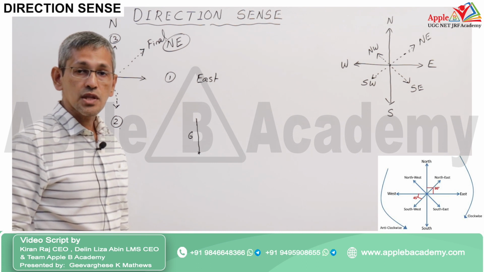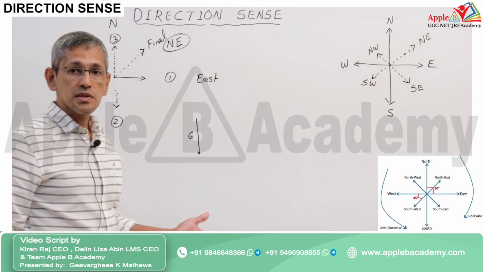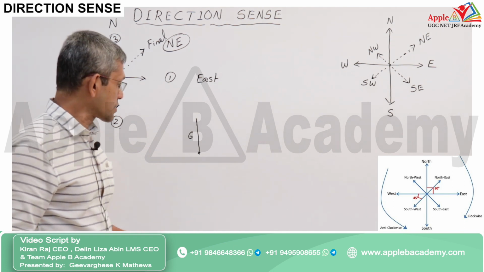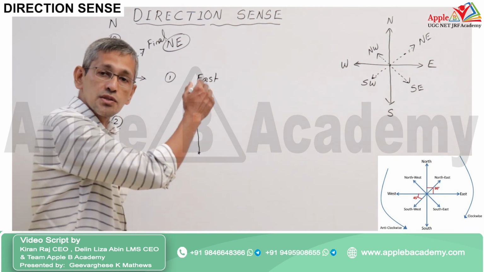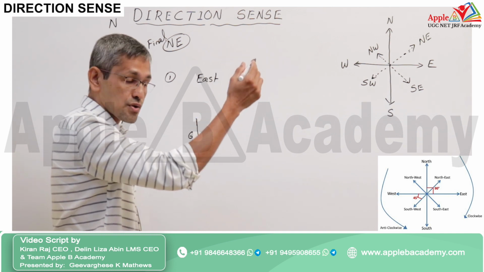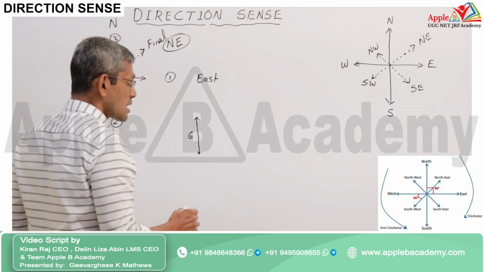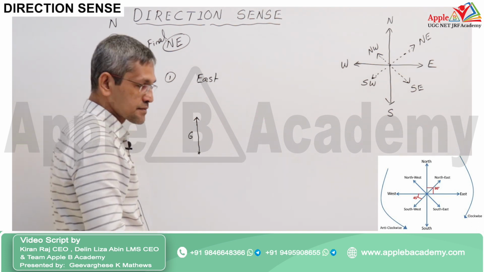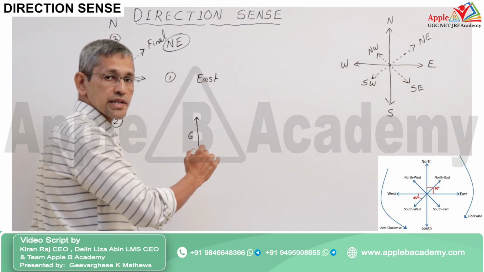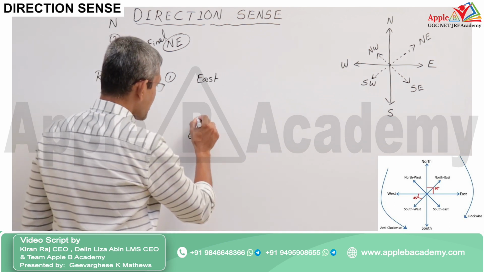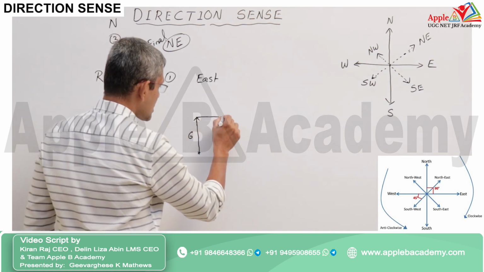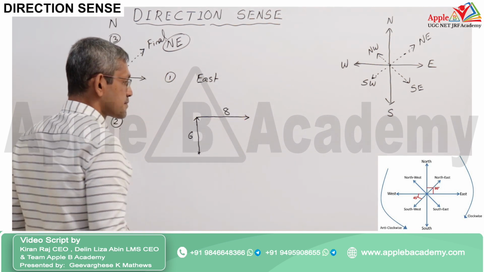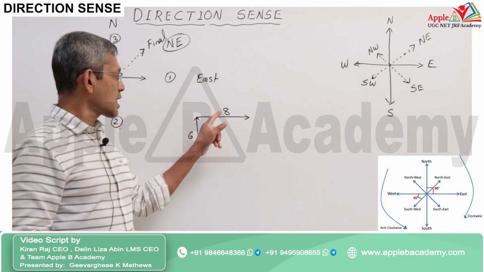It seems like she is a sports person, or health conscious, and that's the reason she is walking 6 kilometers towards north. From there, she made a right turn. Now she is facing the right hand side, and she walked another 8 kilometers. So 6 kilometers and 8 kilometers.